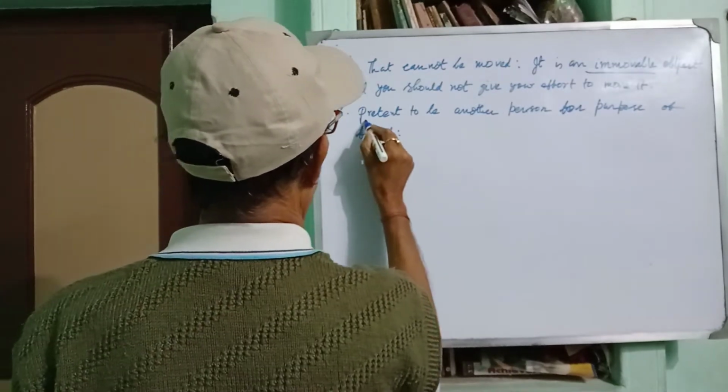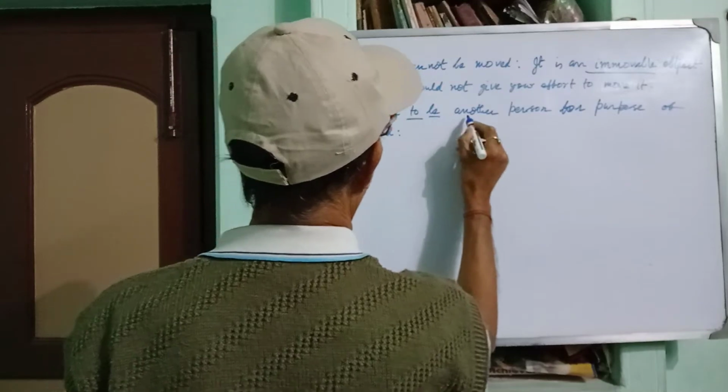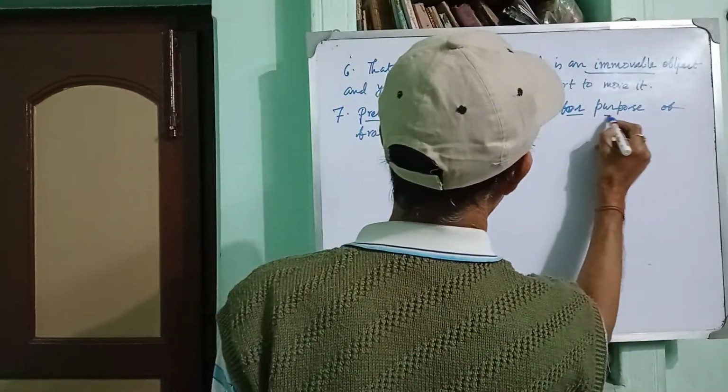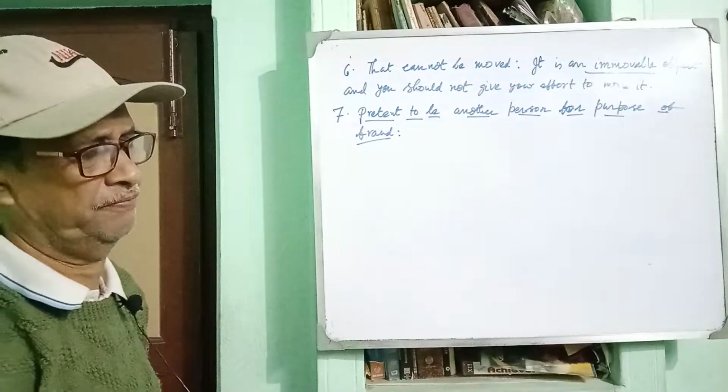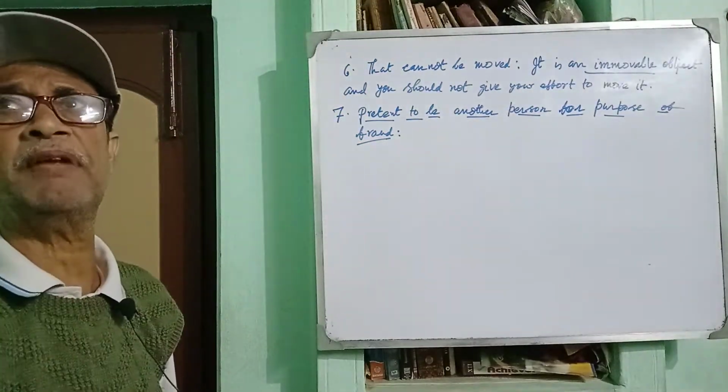Okay? 1, 2, 3, 4, 5, 6, 7, 8 and 9. There are 9 words, and these 9 words can be replaced by a single word.